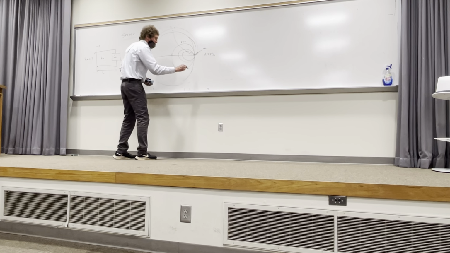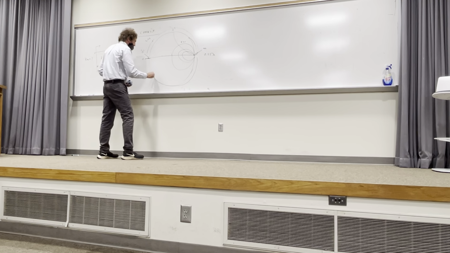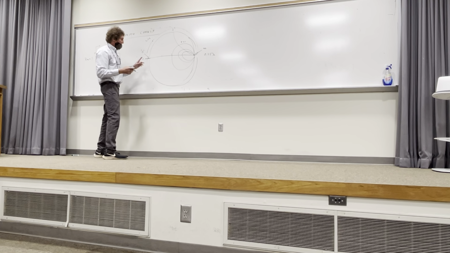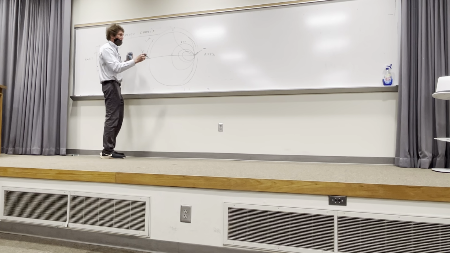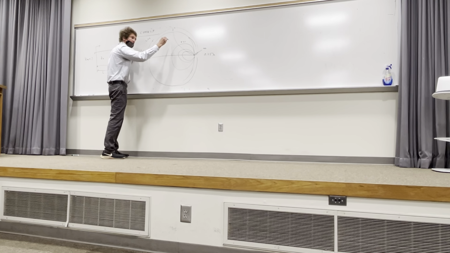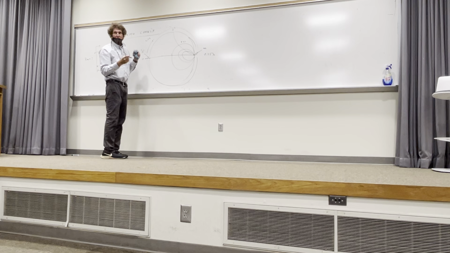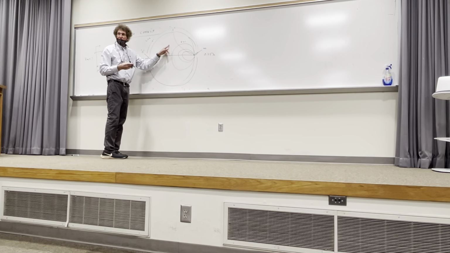Now if you keep going around, and you go all the way around here, you go back to the point that you started from, and now you've gone a total distance of a half wavelength. Here's something to note. Every time you start at any point here and go around an entire circle, 2 pi radians, or one trip, you move a half wavelength and you're back to the same point.